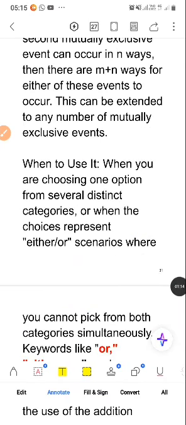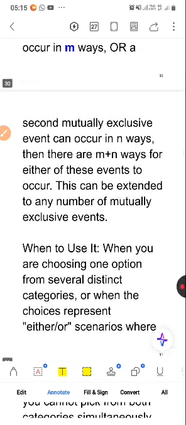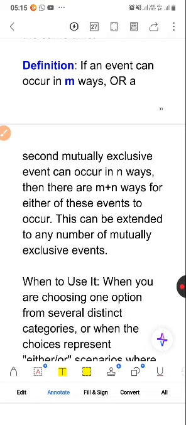Here you are not selecting objects from the same box, as in the first scenario, where we had just one box with three balls in it. Here they may be different distinct boxes containing different balls. Selecting one from this and one from that, they are not happening at the same time, and one does not follow the other.